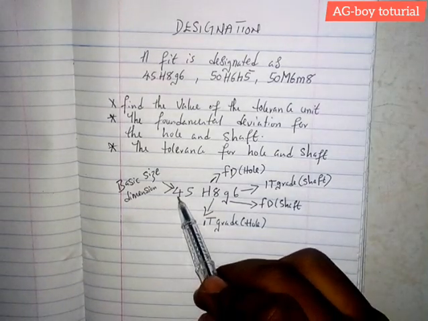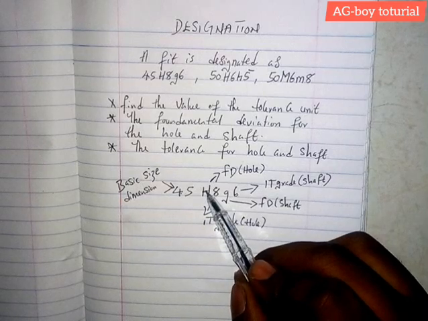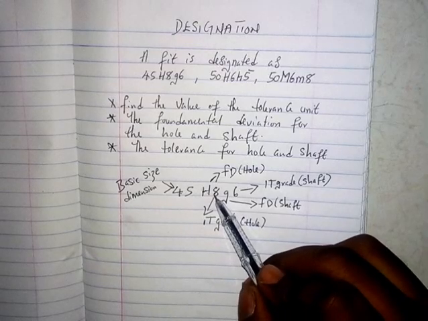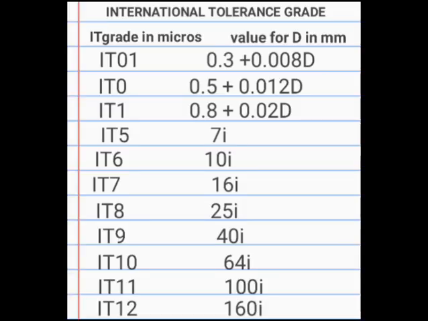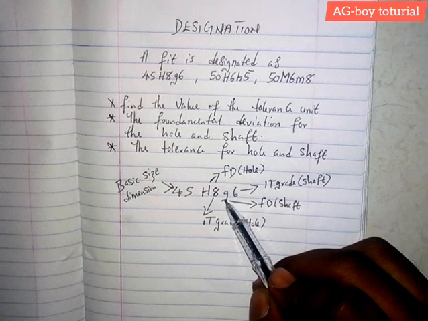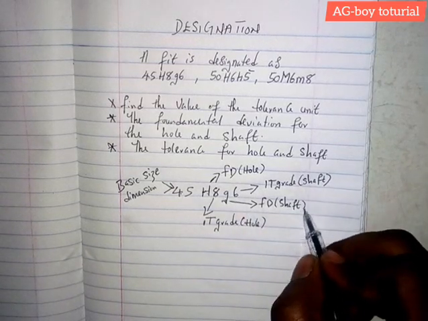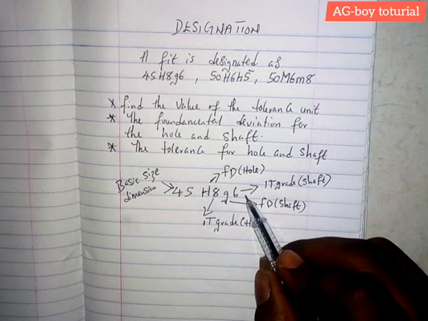So this is my basic size dimension, and my H here is my fundamental deviation for my hole. My 8 is my IT grade for my hole, and my small case letter g is my fundamental deviation for my shaft, and my 6 next to the g is my IT grade for my shaft.